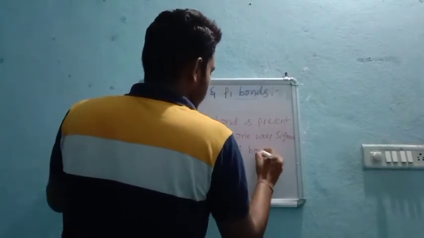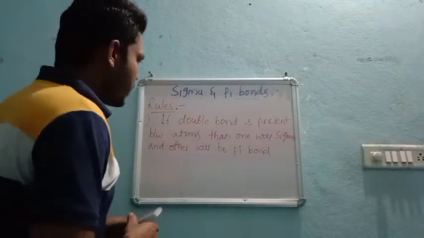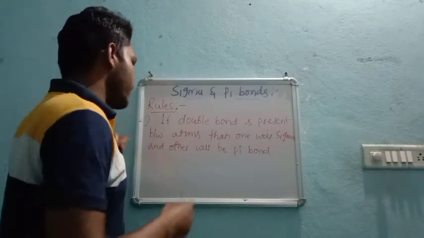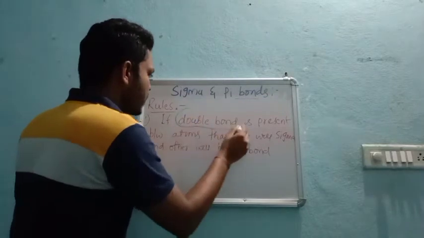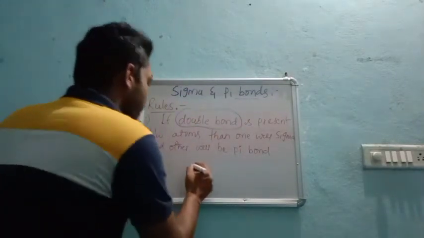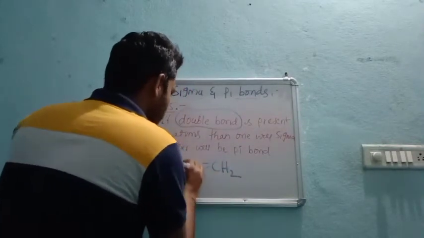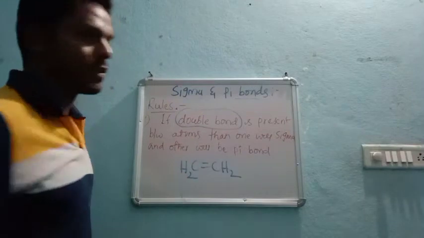Very important. If double bonds are present between any two atoms, we'll take some examples. Alkene, you can say CH2=CH2, right?